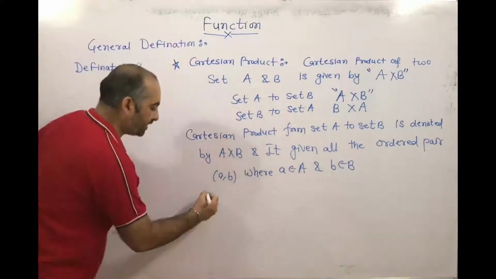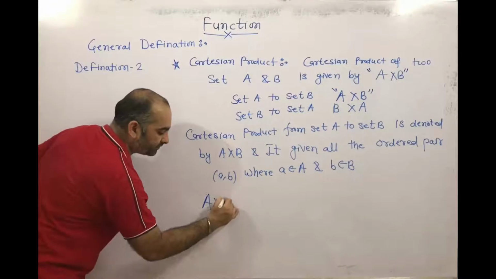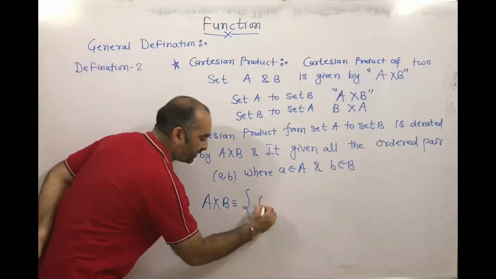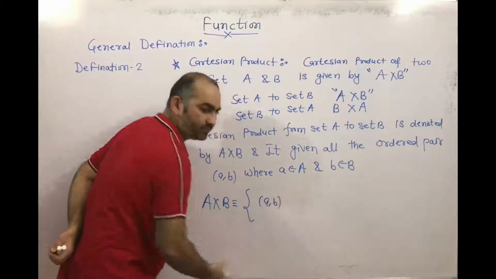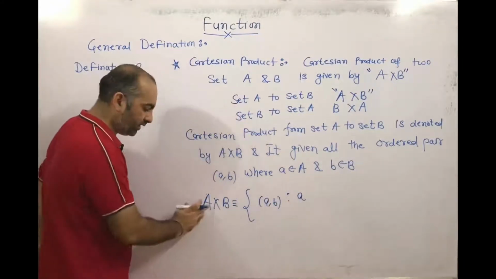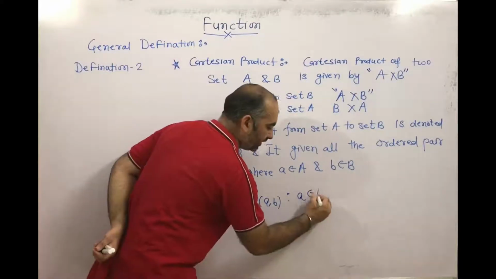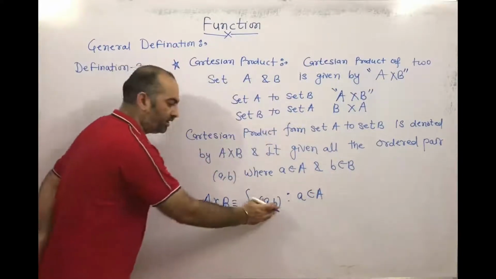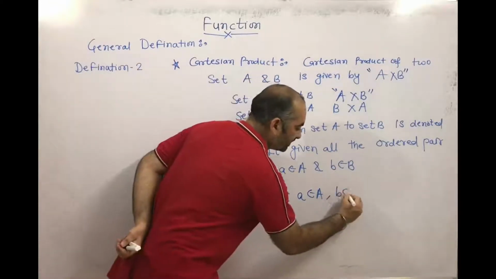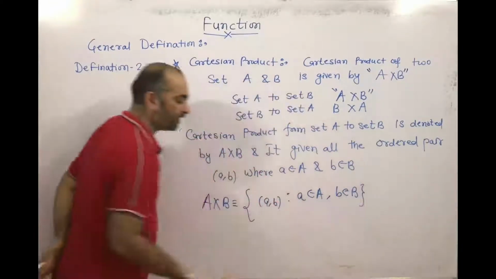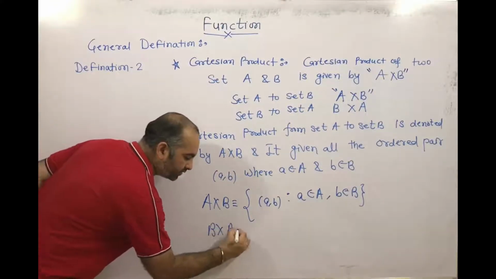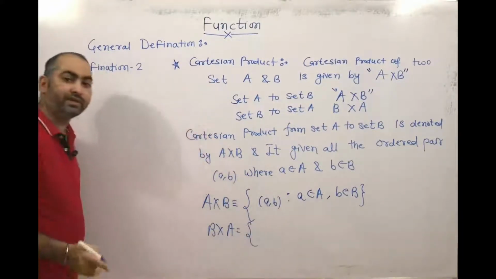So how to write A cross B? A cross B is a set of ordered pairs (a, b) in such a way that the first element belongs to A, and the second element b belongs to set B. Similarly, B cross A is also a set.